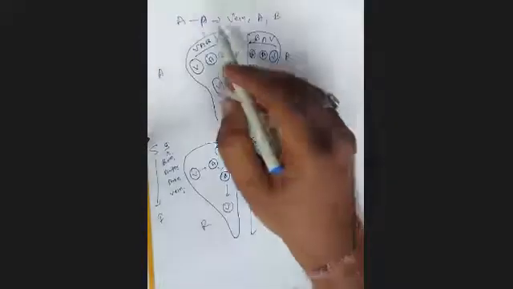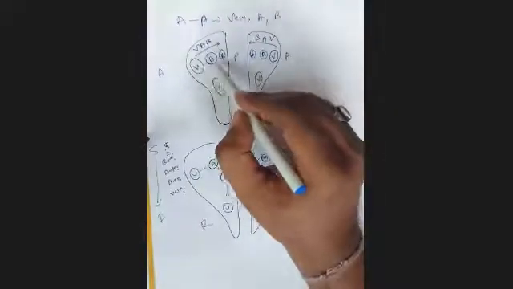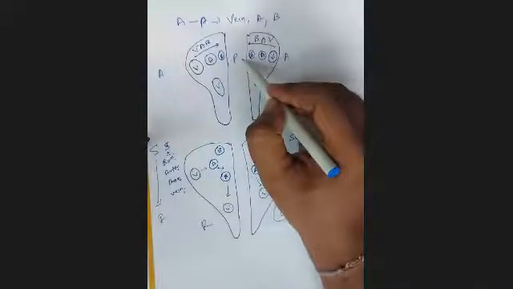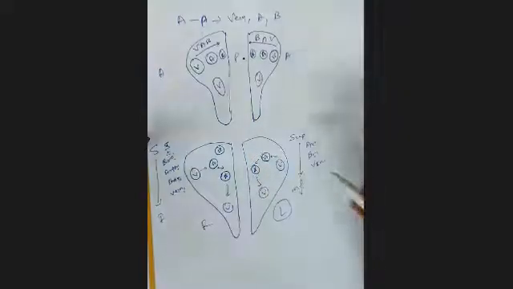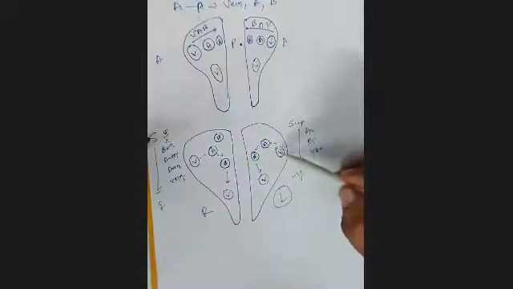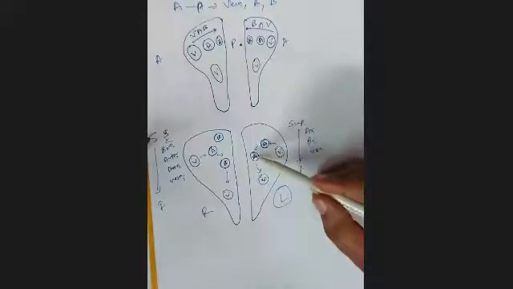Anterior to posterior on both sides, it is vein, artery, bronchus.